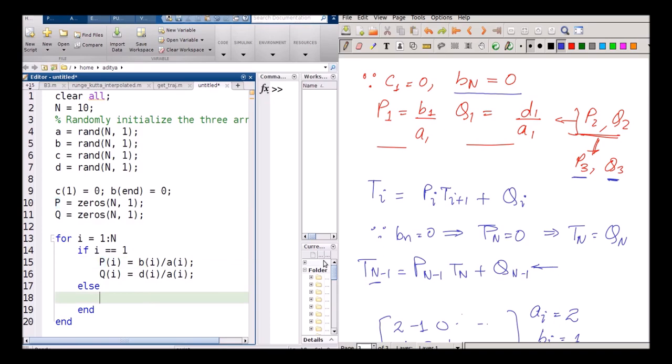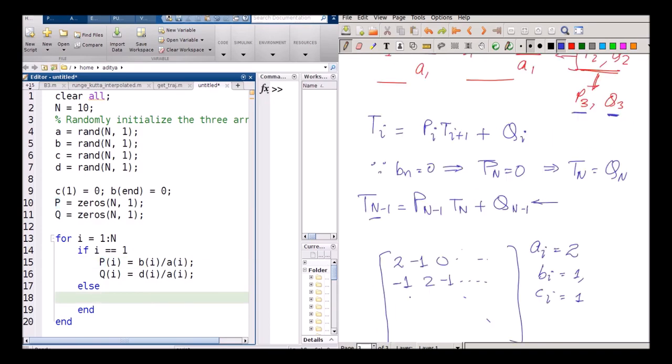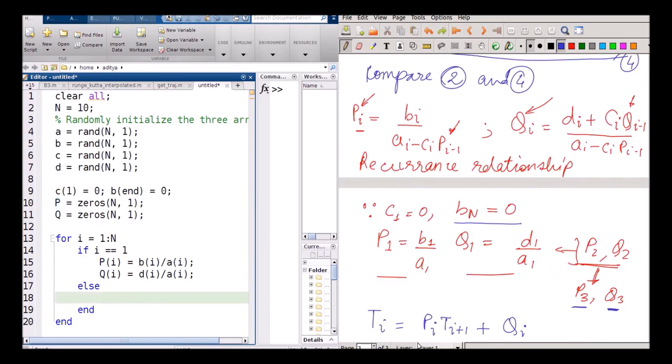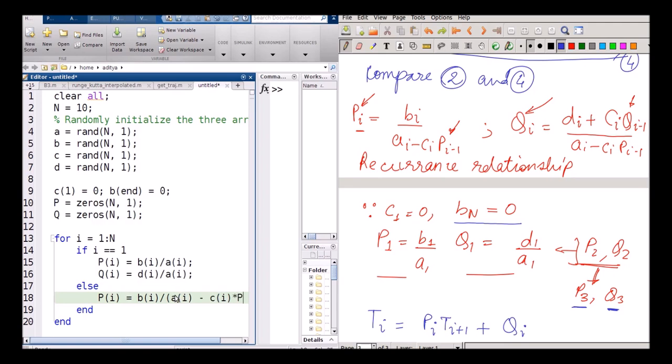And then we will simply write, if this is not the case, if I is not equal to 1, then the recurrence relationship is in terms of Pi, Bi and all these things. So let us define that relationship. Pi is equal to Bi divided by Ai minus Ci times Pi minus 1.